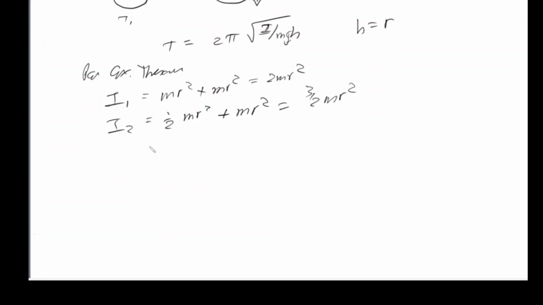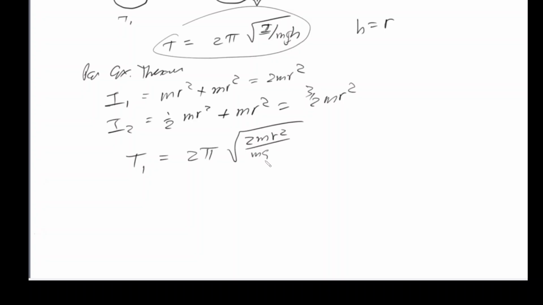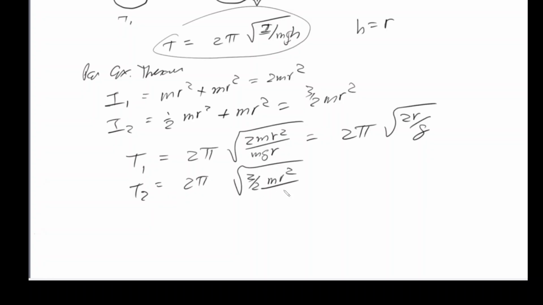So now we know from our equation for period, T1 is equal to 2 pi times the square root of 2 mr squared over mgr, which is equal to 2 pi times the square root of 2r over g, and T2 is equal to 2 pi times the square root of 3/2 mr squared over mgr, which is equal to 2 pi times the square root of 3r over 2g.